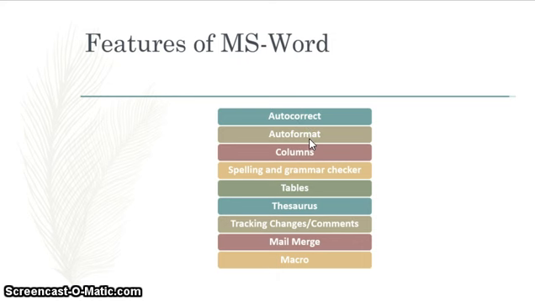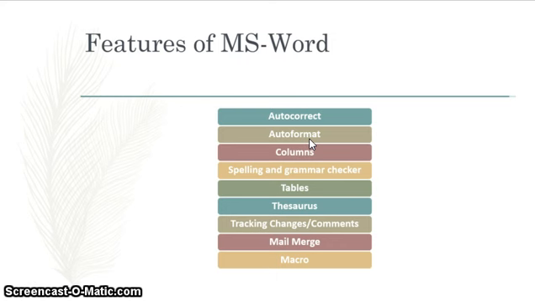Second is auto format. Auto formatting applies formatting to your text. I have told you formatting is changing the appearance. So the auto format feature changes the appearance of whatever you have written. Like if you are writing second, you write 2, and after that you write ND.